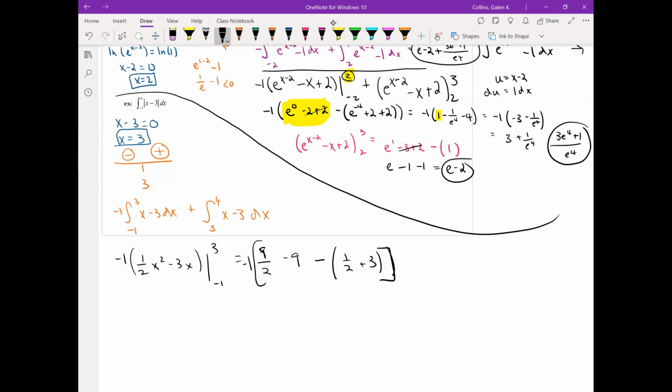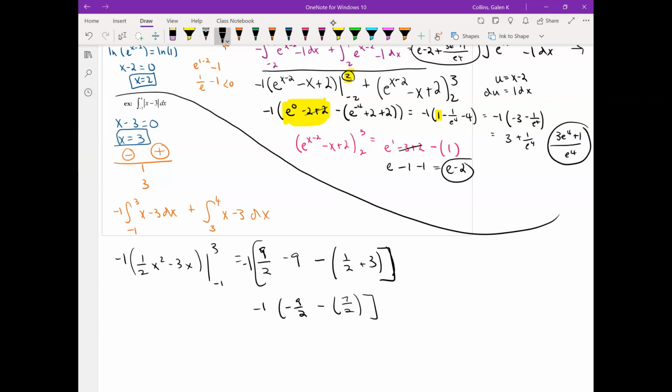All right, so 9/2 minus 9 is like, what, -9/2? 1/2 plus 3 is like, what, 7/2? Oh man, I'm doing math in my head.